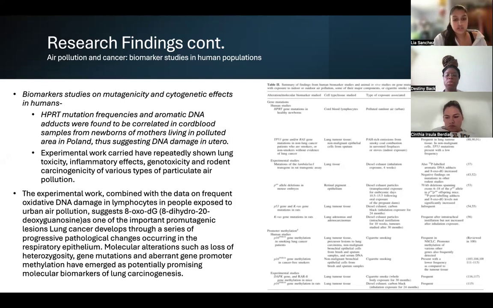Molecular alterations, such as the loss of heterozygosity, gene mutations, and aberrant gene promoter methylation, have emerged as potentially promising molecular biomarkers of lung carcinogenesis.